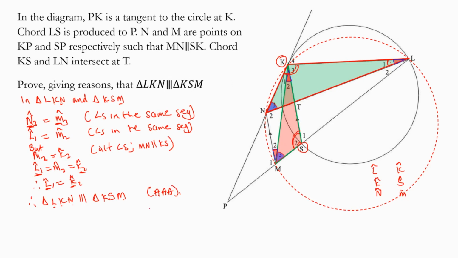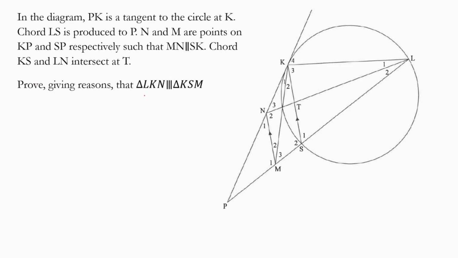Let's go to the second alternative method. Prove, giving reasons, that triangle LKN is similar to triangle KSM. So in triangle LKN and triangle KSM, we've discussed this in the previous method, so let's move fast here.